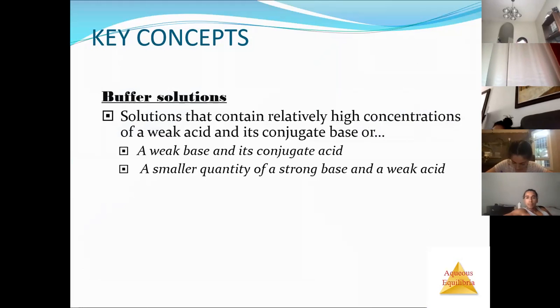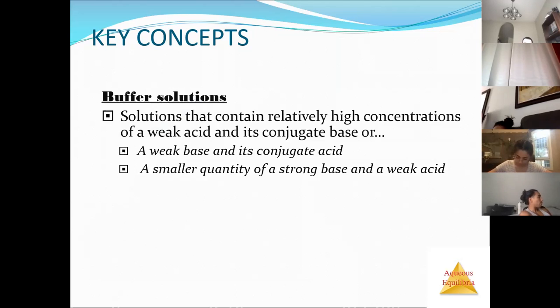Now, if you have a strong base, it will react with the weak acid to make the conjugate base. If your strong base has a smaller quantity than your weak acid, in effect you are making conjugate base from your weak acid, but you still have some weak acid left.